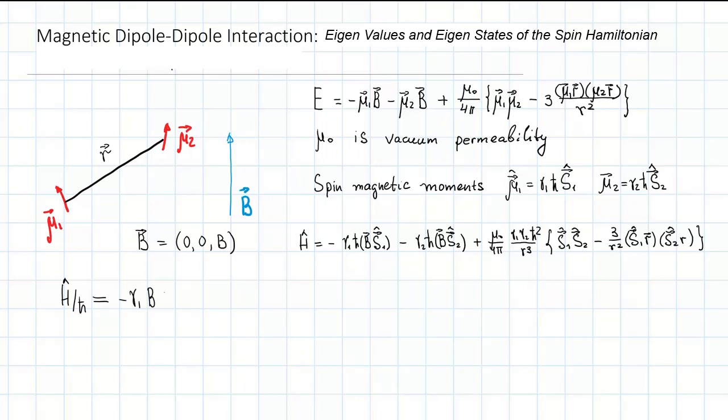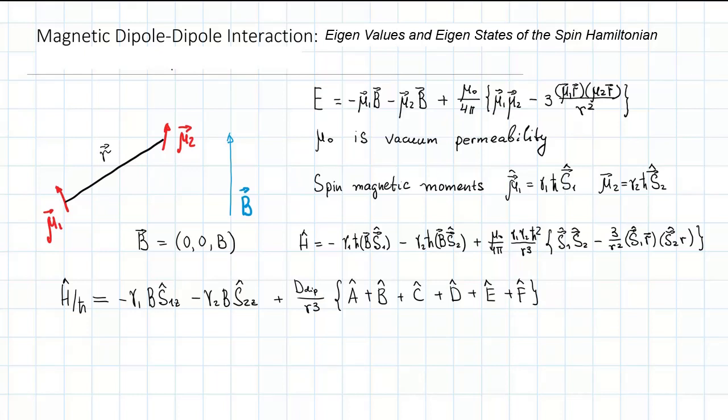The scalar products of Zeeman interactions are simplified to the terms proportional just to Sz operators. And the term originating from the dipole-dipole interaction is presented as a sum of 6 operators A, B, C, D, E, and F. Here the terms A and B do not depend on the angle phi and are given by the following formula.